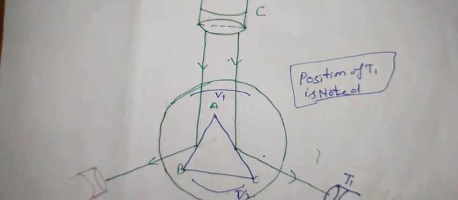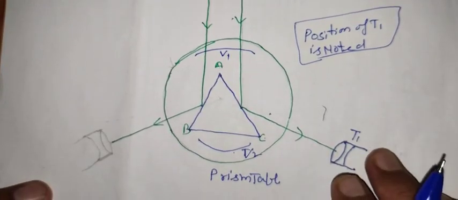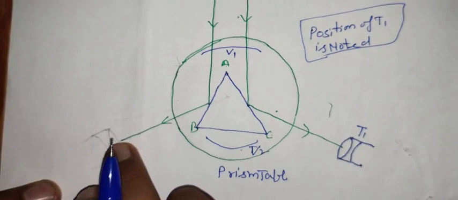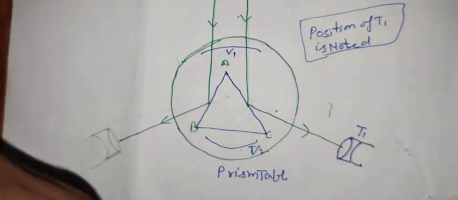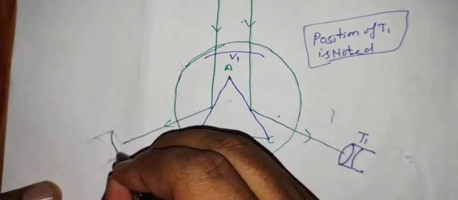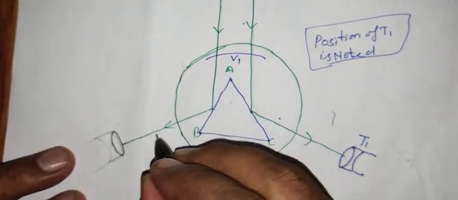Right? Now this telescope is moved towards this side to see the position of this ray.